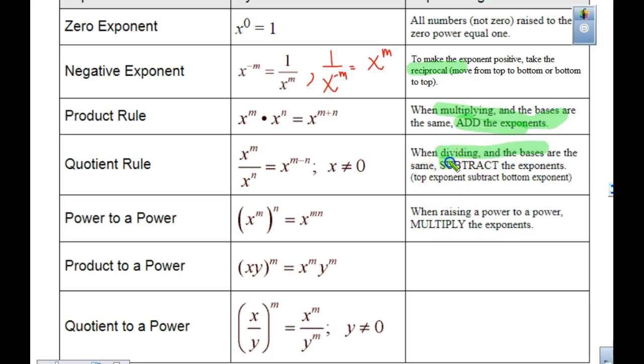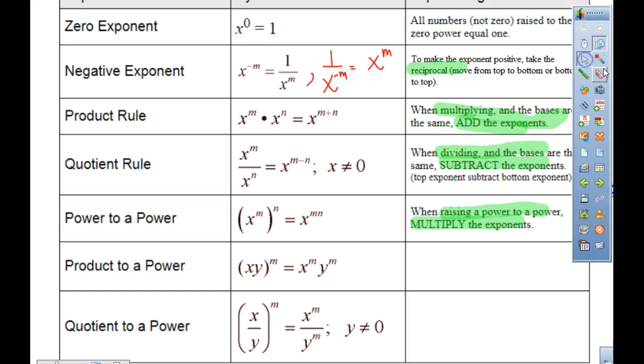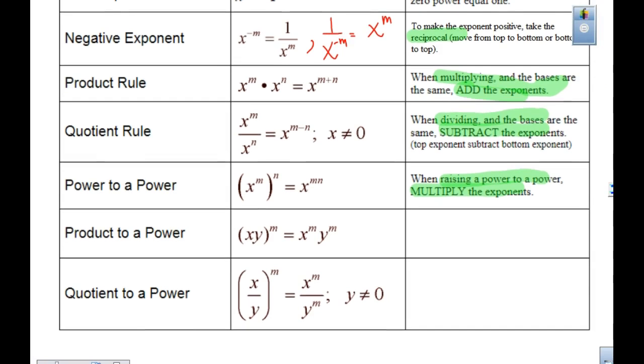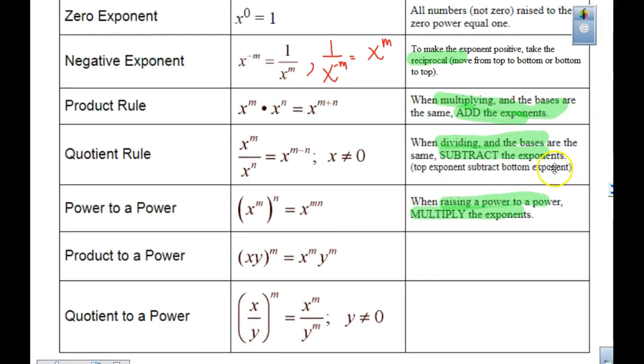Dividing same base, subtract exponents. Power to a power, multiplying exponents. If you don't have all the vocabulary, I'm okay with that, but make sure that it makes sense as you look at those rules.